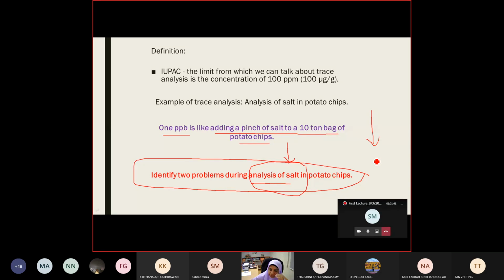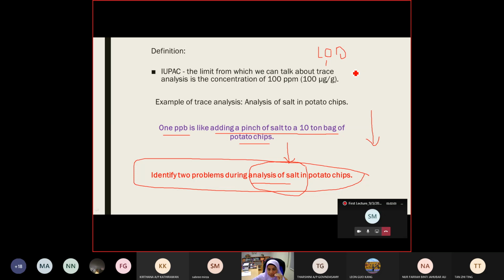There is a certain limitation for the instrument to detect, so we call it the LOD, limit of detection.